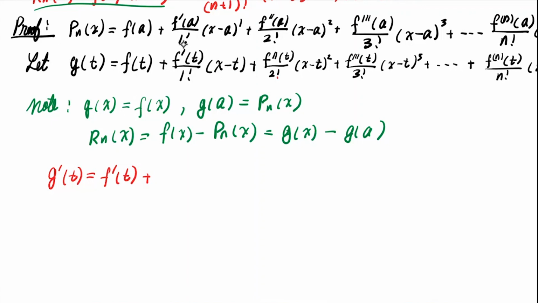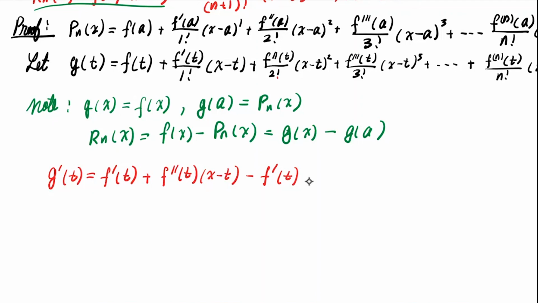Suck it up and do it. So this thing, f double prime of t times x minus t, minus, because the chain rule will make it minus, and then f prime of t times negative 1, right? Because differentiating with respect to t gives you negative 1. Good. That's for that term.